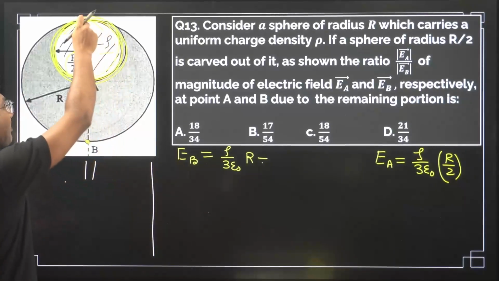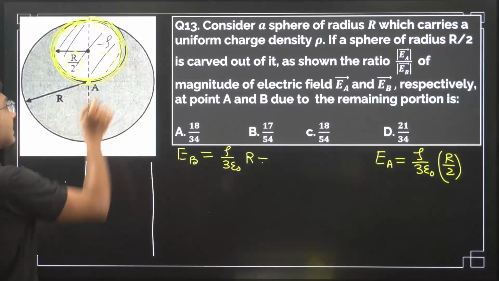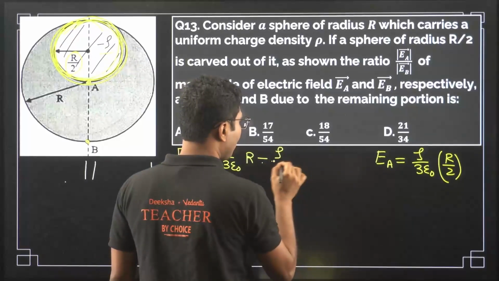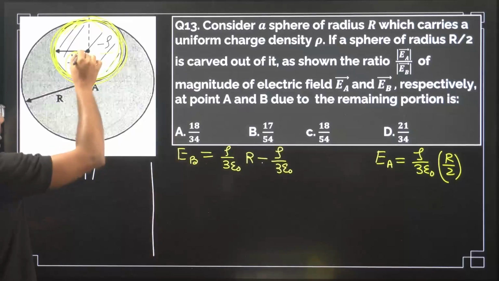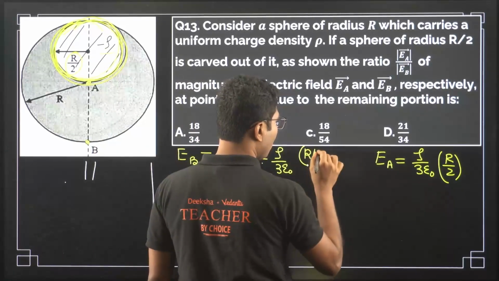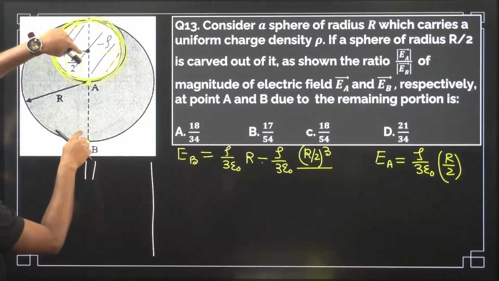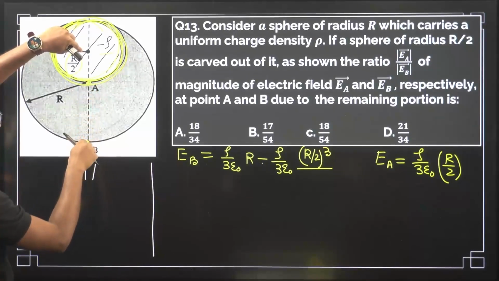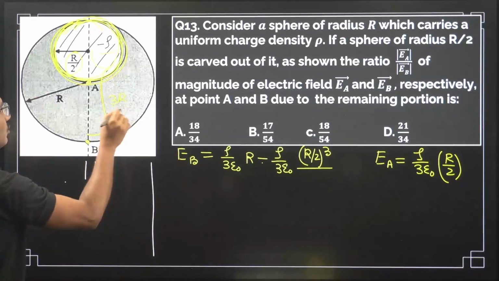This point lies outside this sphere, so we will be using the formula rho by 3 epsilon naught, r cube, that is here r by 2 whole cube, divided by the distance squared. So what is the distance over here? The distance is r by 2 plus r, that is, the distance in this case is 3r by 2.